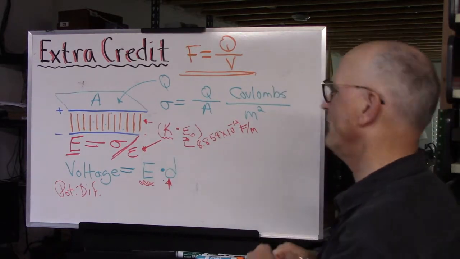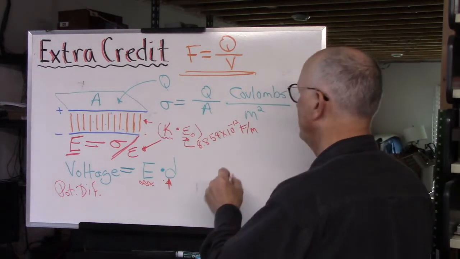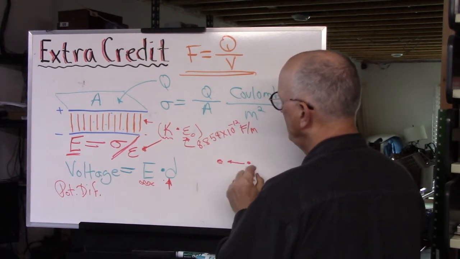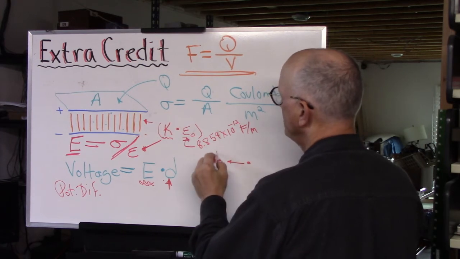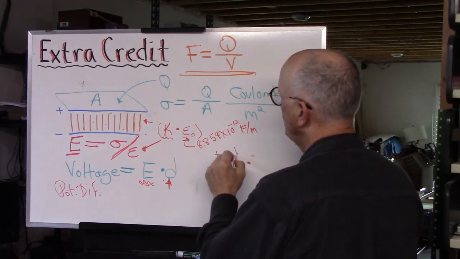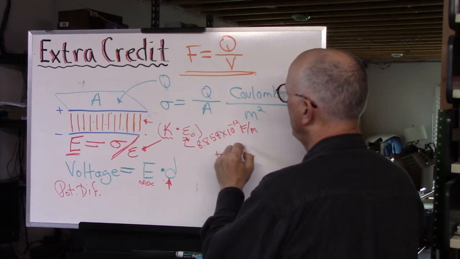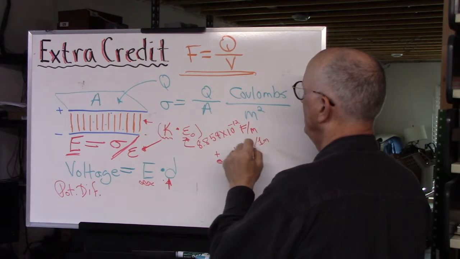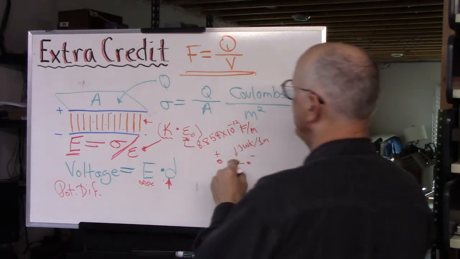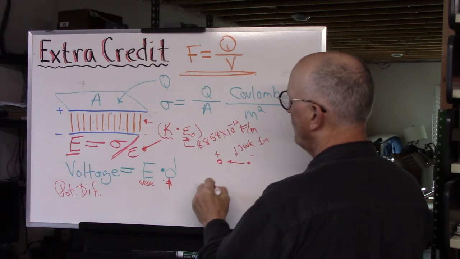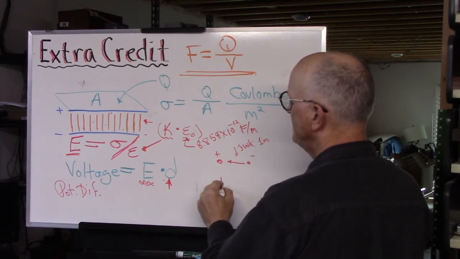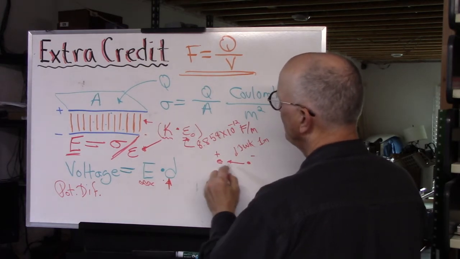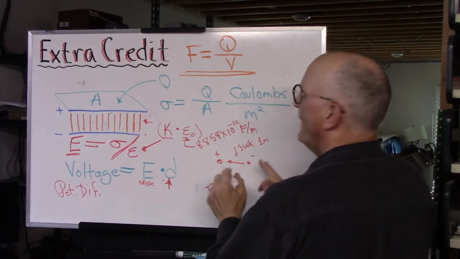You say, well, why is that? Remember what the definition of voltage is? If you do 1 joule of work to move a charge between two charged bodies, 1 joule of work over 1 meter, you get 1 volt. And because work is force times distance, the greater the distance, the greater the work.